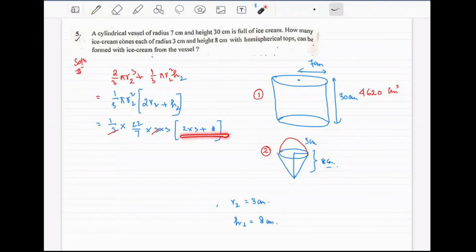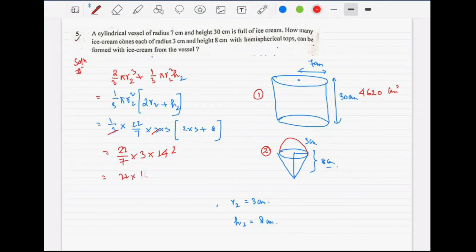Finish this portion: 2 3s are 6, 6 plus 8 is 14. So we will have 22 by 7 into 3 into 14. Can cancel this now. 7 2s are 14. So we have 22 into, sorry, 3 2s are 6. How much is it? 132.